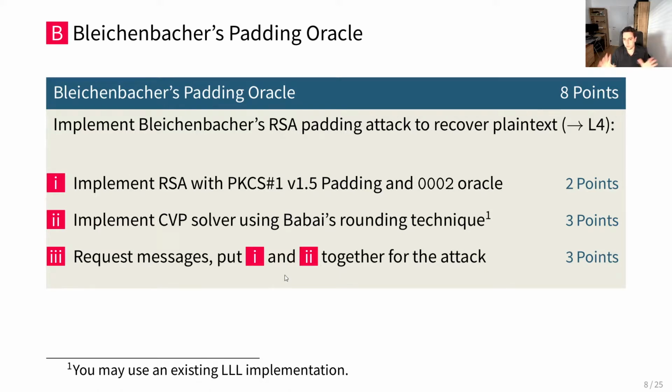Of course, if you want to implement your own, we don't want to stop you from that, but you may use an already existing one. And yeah, CVP stands for closest vector problem. We'll see about that also.